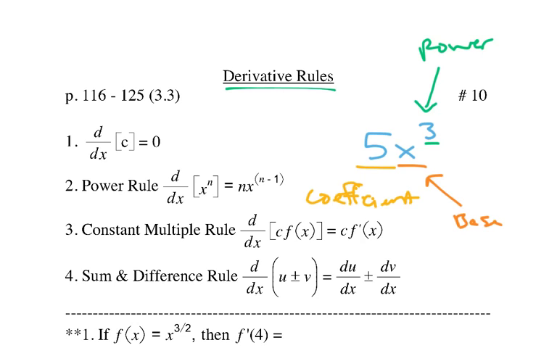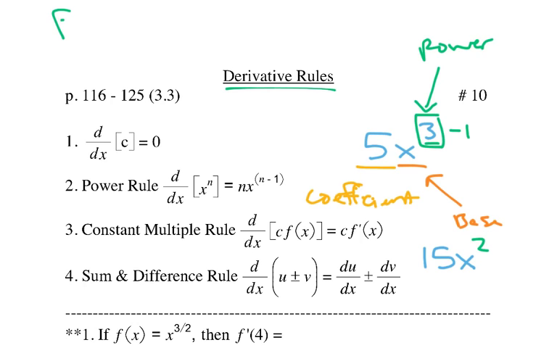Now the rule is fairly simple. You take the power and you multiply it by the coefficient. So 3 times 5 is 15. The base stays the same, so the base stays x. And then you subtract 1 from the power. So 3 minus 1 is 2, and so this becomes 15x squared.